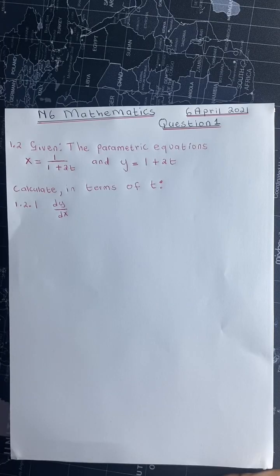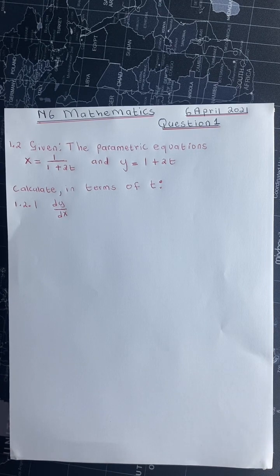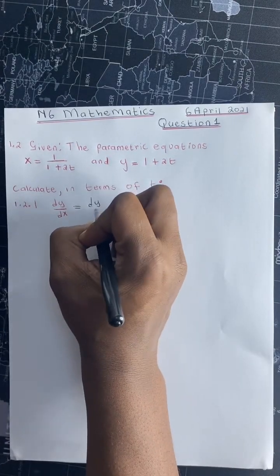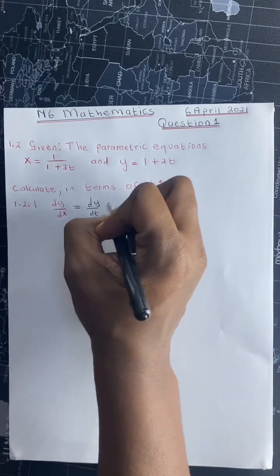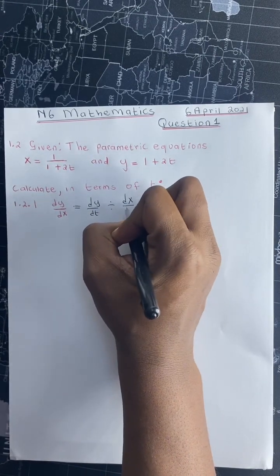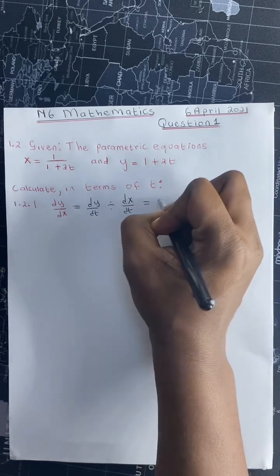Question 1.2, we are given the parametric equations x equals 1 over 1 plus 2t and y equals 1 plus 2t. In 1.2.1, we have to calculate in terms of t dy over dx. So dy over dx is equal to dy over dt divided by dx over dt.